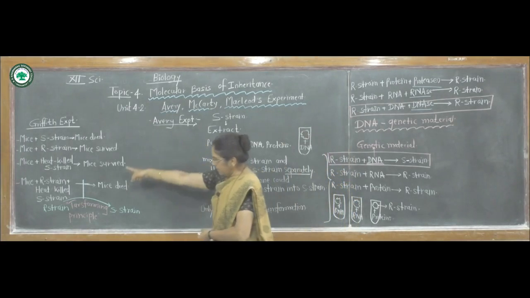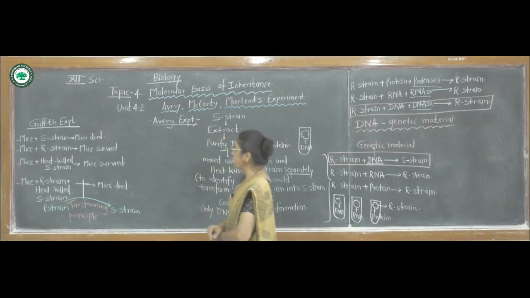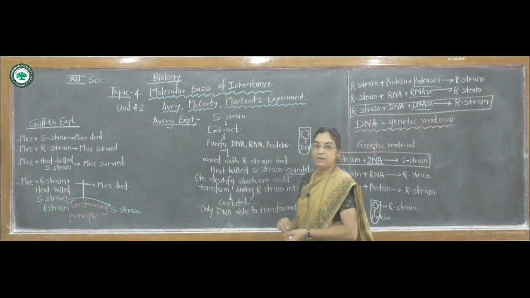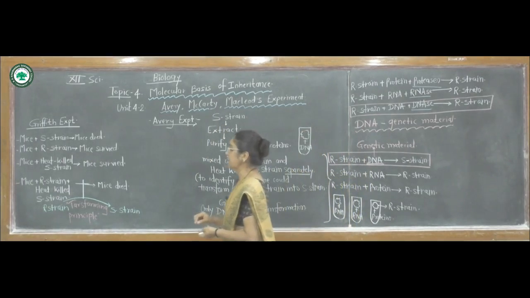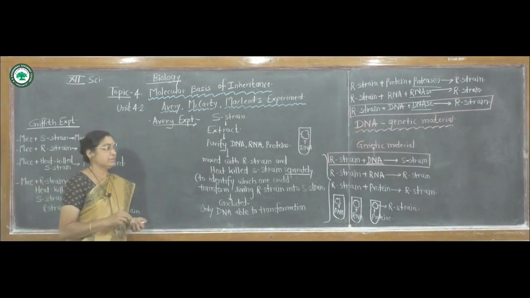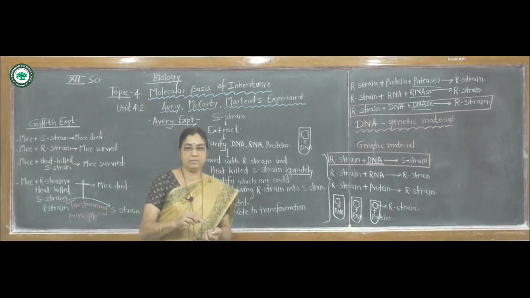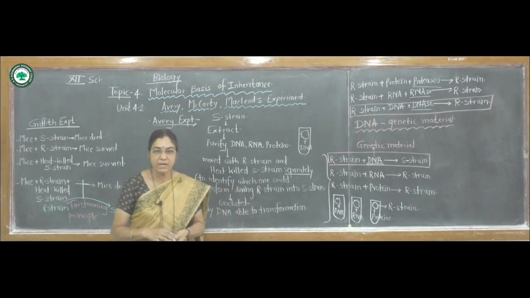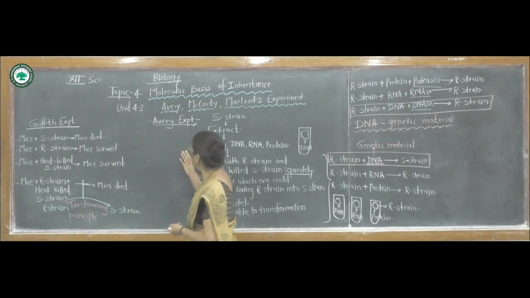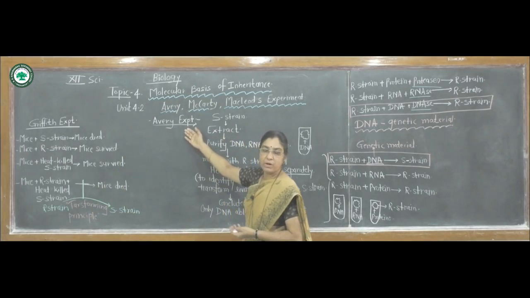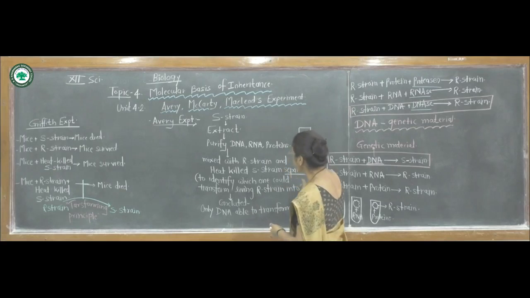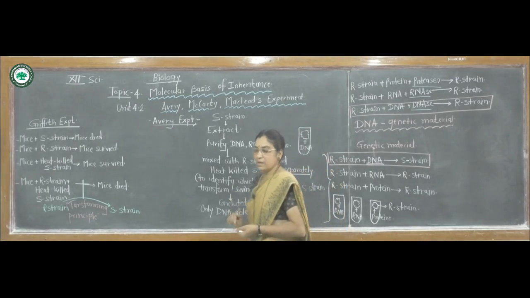But Griffith completely fails to explain what is the transforming principle, and the Avery experiment finally concluded that the DNA must be the genetic material. So both experiments separately carry 3 to 5 marks. What is the Griffith experiment, or explain the Griffith experiment, as well as what is the Avery experiment, or explain the Avery experiment with the help of the different steps under this experiment.